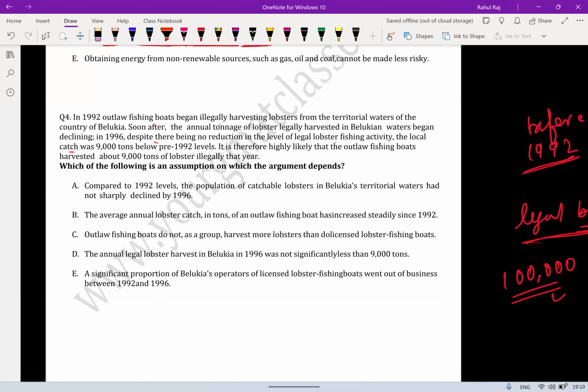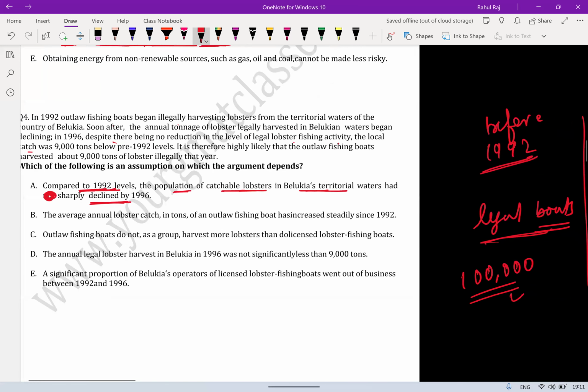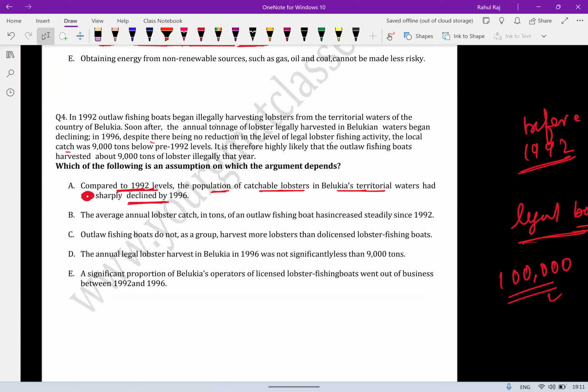If I negate statement number 1: compared to the 1992 level, the population of catchable lobsters in Belupian water had sharply declined by 1996. So tell me, how does this weaken the conclusion? Anyone? Rishika, you have marked answer A. How does this statement, after negating, weaken my conclusion? Please tell me.